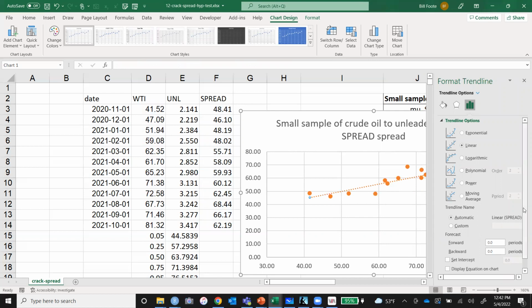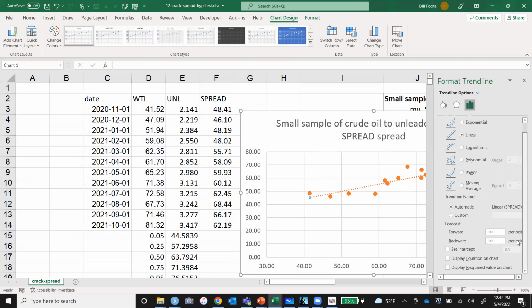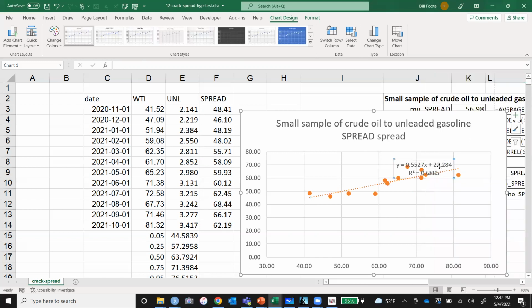Also, something else we can do is display the equation of that straight line. You can also do something else called R squared, which is a very interesting descriptive statistic we can play with. Those, let's bring this down over here. We're going to need to look at those at some point.